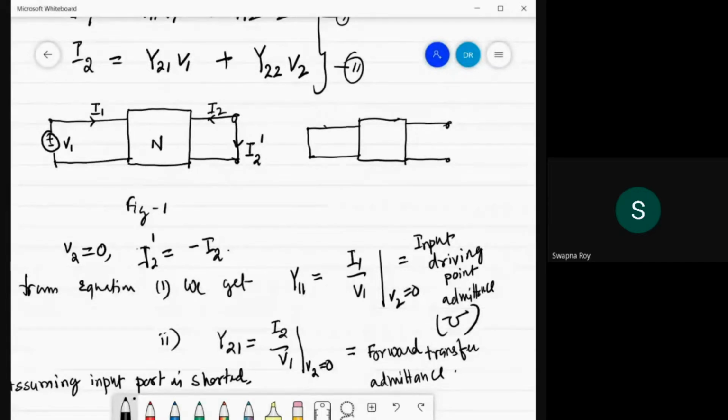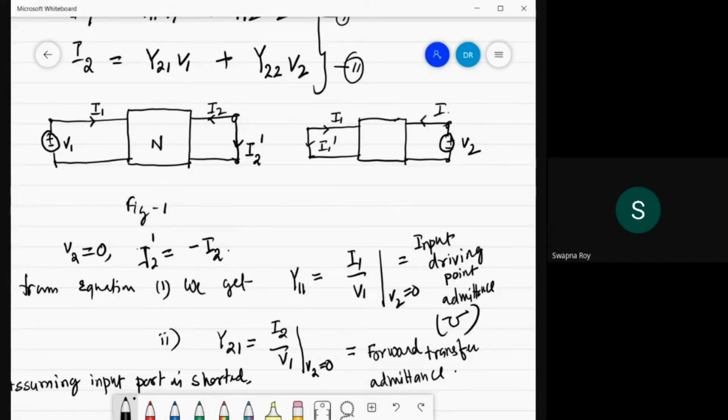Now, this is I1 and this is I1 dash. And we are applying a voltage V2 at the output terminal.